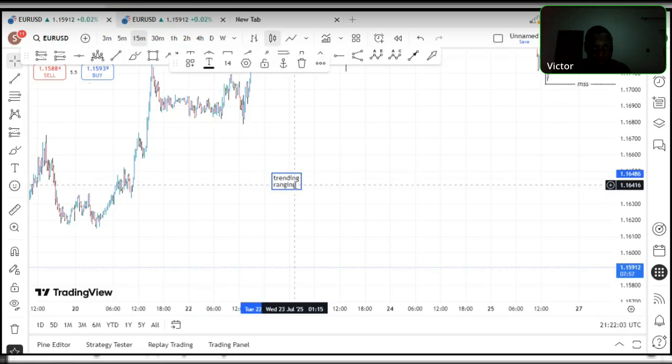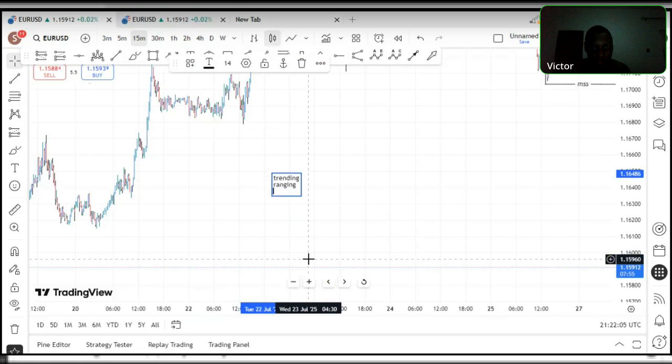Under trending, we have the uptrend, we also have the downtrend.